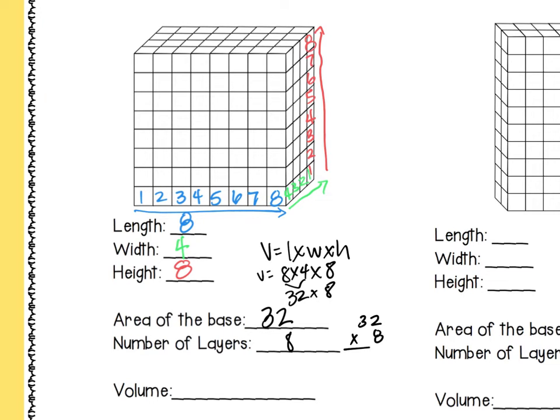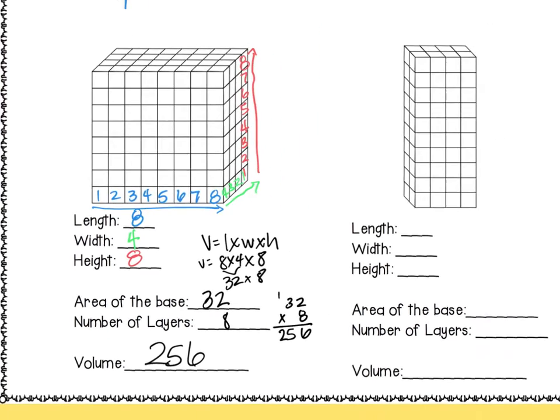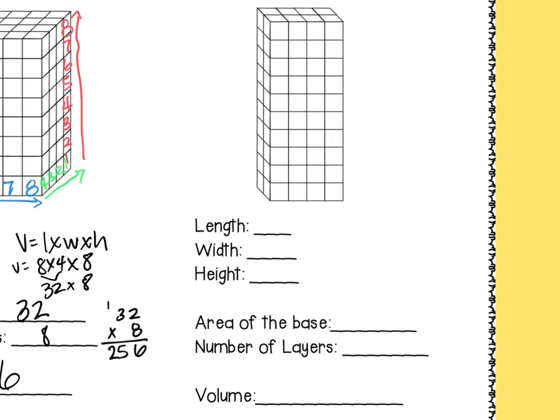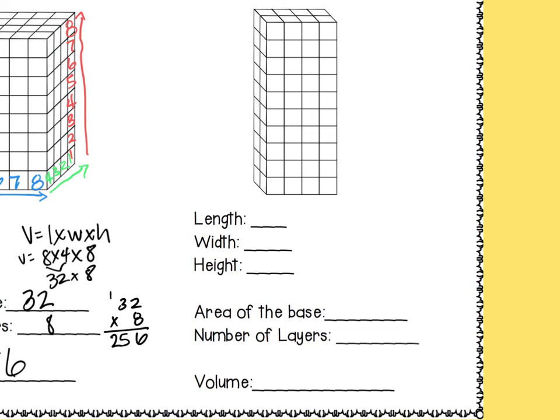And 32 times 8 is going to equal 256 cubes. So the volume of this cube is 256.